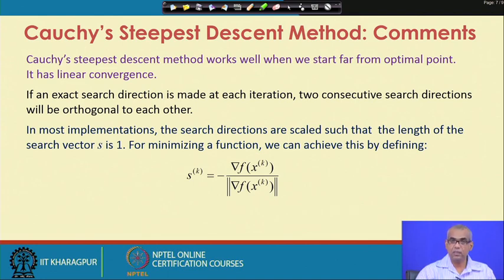So, instead of taking the search direction s at kth iteration as minus gradient of f at x k, we take s k equal to minus gradient of f at x k divided by norm of the gradient of f at x k.